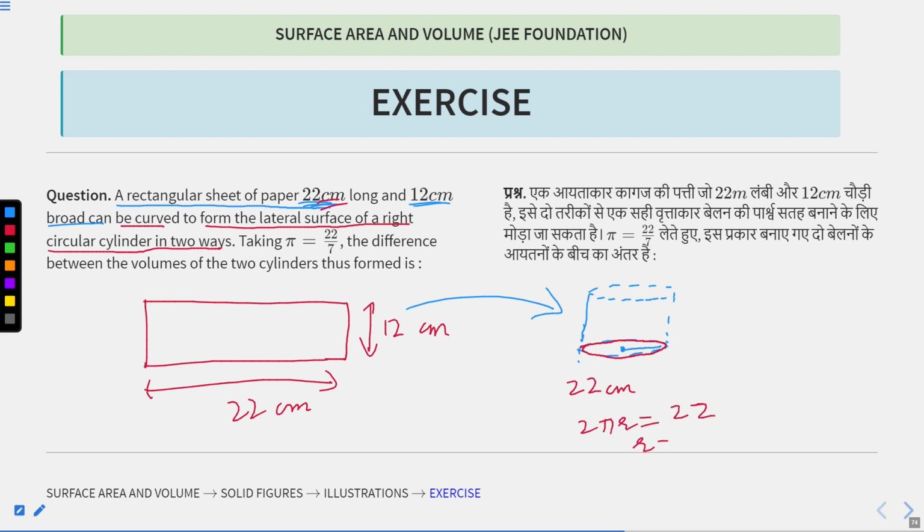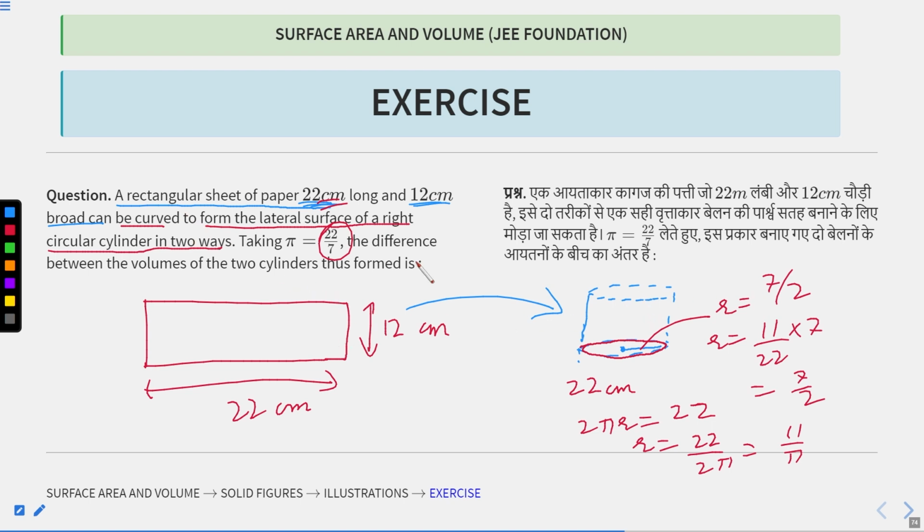That means r is equal to 22 by 2 pi, which is 11 by pi, and pi I already have as 22 by 7. That means r is equal to 11 by 22 times 7, that is equal to 7 by 2. So r for this is 7 by 2.